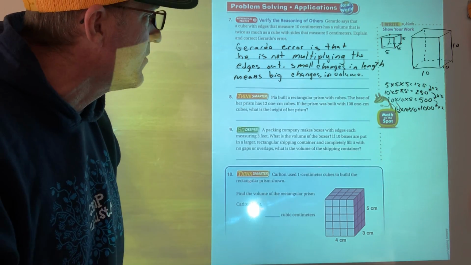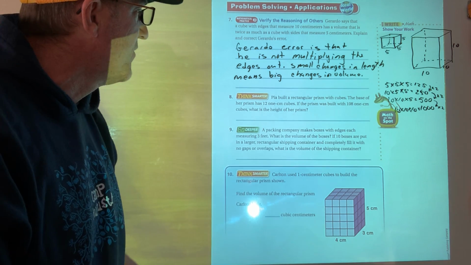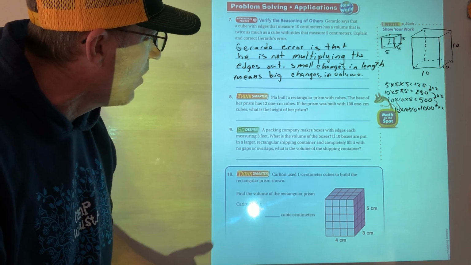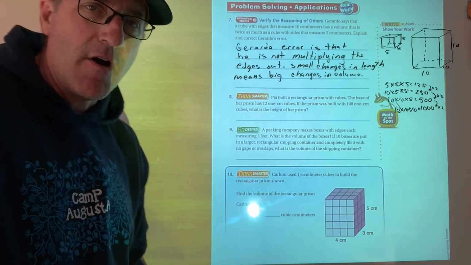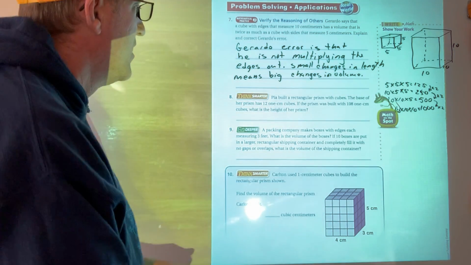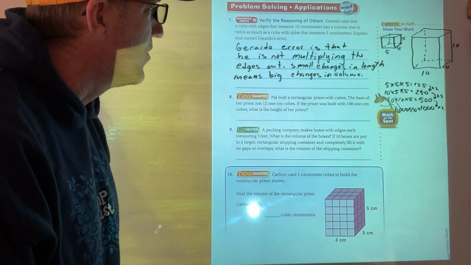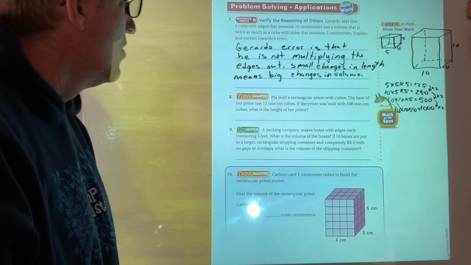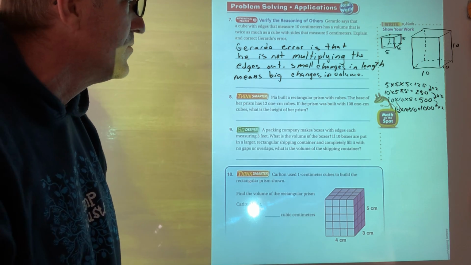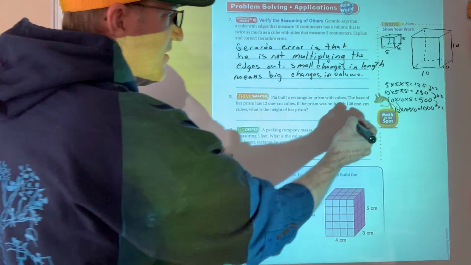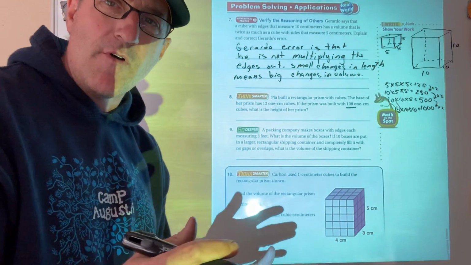Pia built a rectangular prism with cubes. The base of her prism is 12 one-centimeter cubes, so the volume is 12 cubic centimeters. If the prism was built with 108 one-centimeter cubes, what is the height of her prism? My total volume is 108.